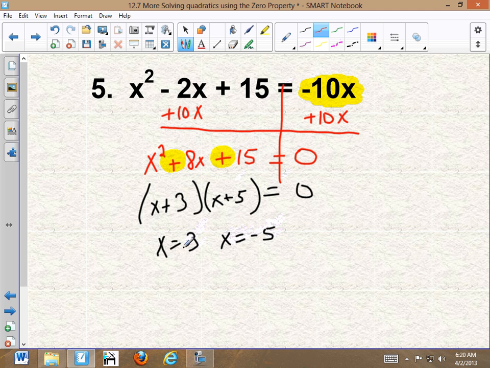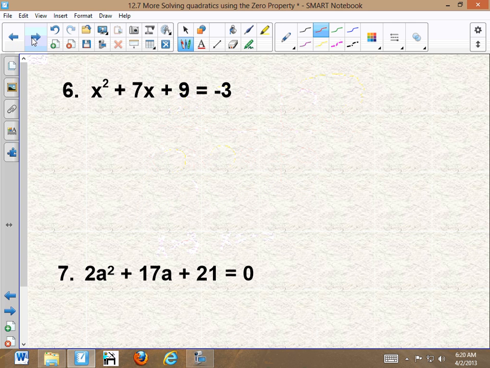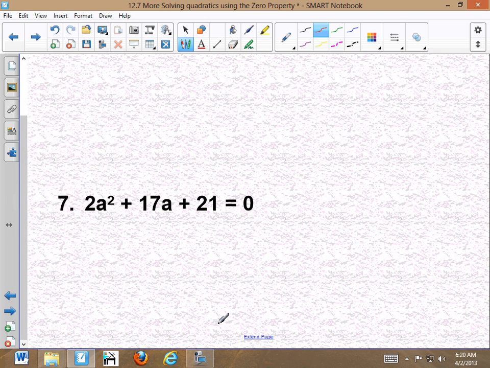That should be x equals negative 3, because I'll subtract 3 to get it. Okay? X equals negative 3, x equals negative 5. All right. I hope this isn't too difficult, but I know it is. Okay, so now, 6, you just add 3 to both sides. Let's look at 7.